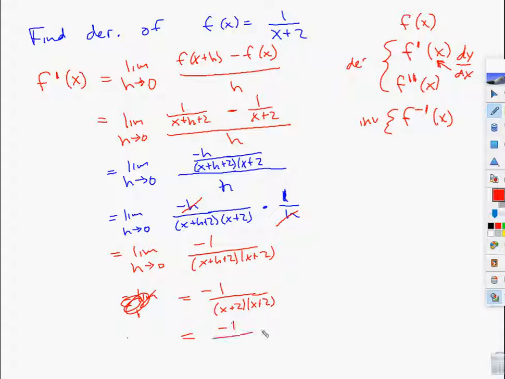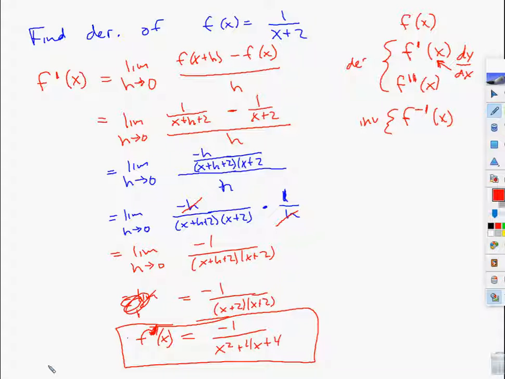And I could leave it like that, I suppose, but we'll go ahead and expand. And this is our derivative. So f prime of x equals this. Okay? That one was way harder. What made it harder? If you have fractions and you're doing the limit, you're going to have to combine those fractions.